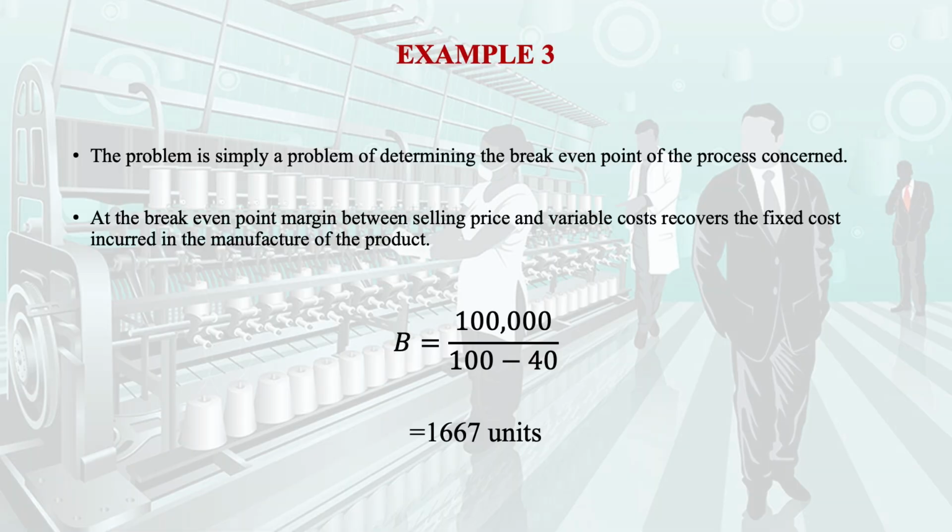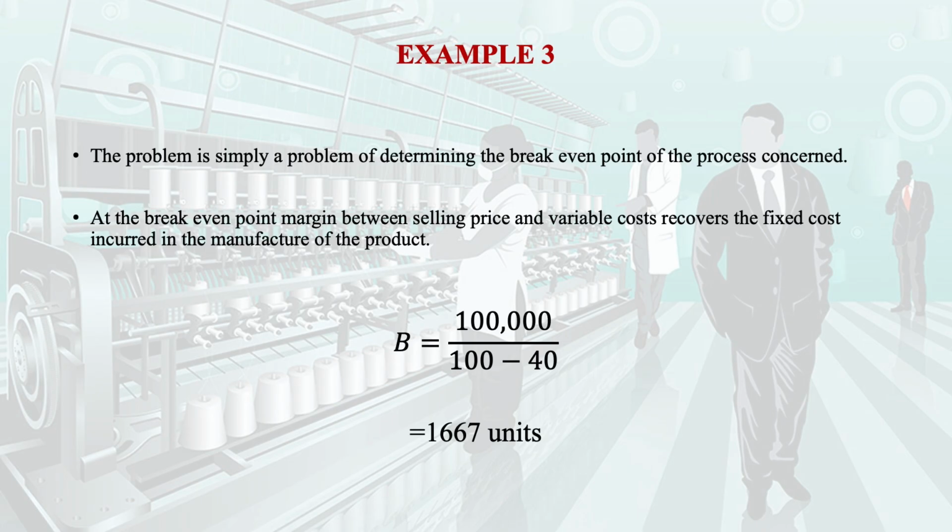Now, what volume is necessary in order to recover the fixed cost? The problem is simple and it is a break-even analysis problem. At the break-even point, the margin between selling price and the variable cost recovers the fixed cost incurred. The number of units is 1667.